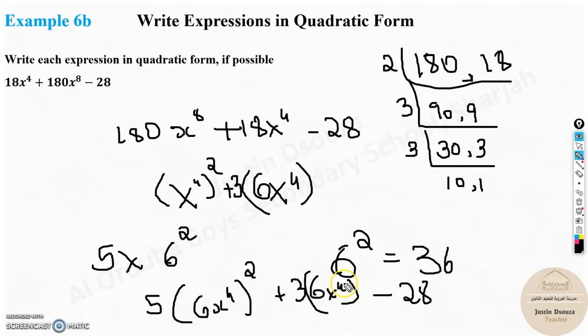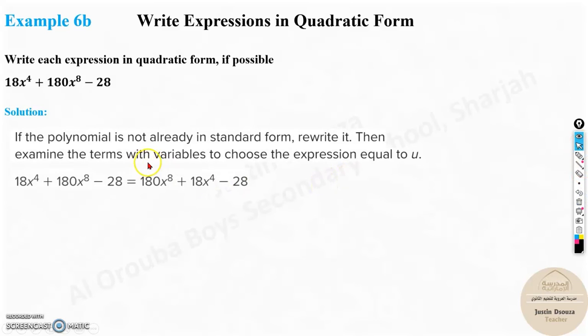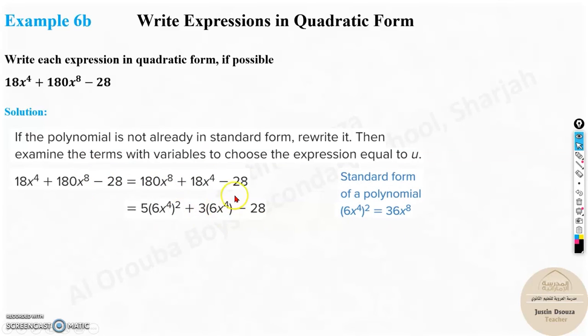You can say 6x to the power 4, and x to the power 4 is common. Let me just see over here. This is rearranged and we have written it over here, and 6x to the power 4 is the simplest one, so then we can easily write it. Now why is it 5 over here? Because 6 to the power 2 is 36.